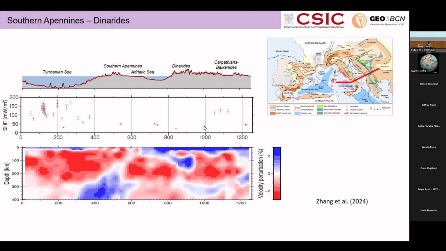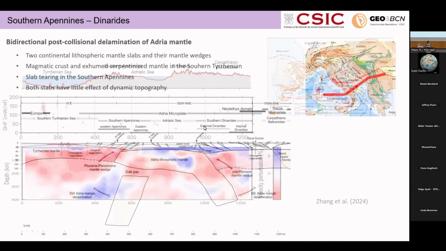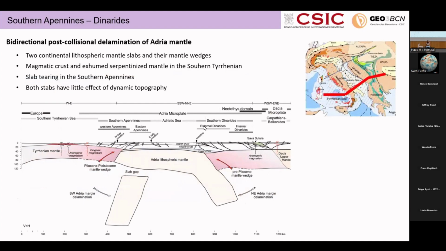The difference in the southern part is that this slab, or this low fast velocity, is not attached to the surface. This has been modeled as a gap, a detachment, a kind of slab tearing that could be due to previous transform faults, maybe.